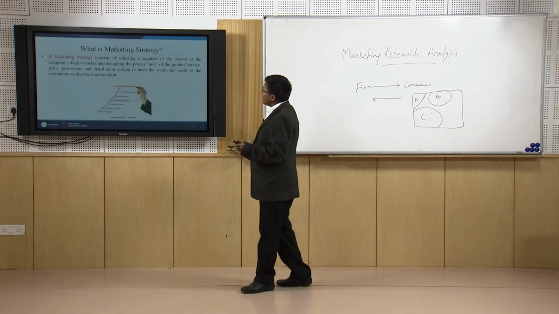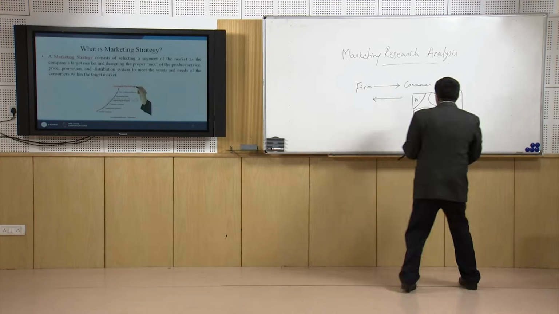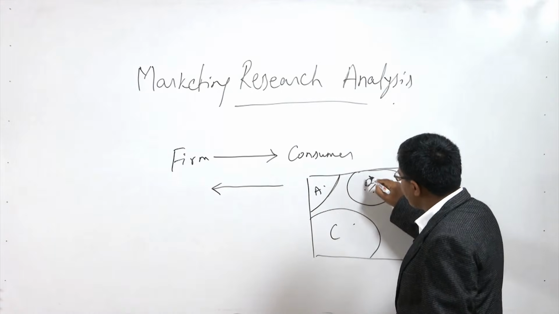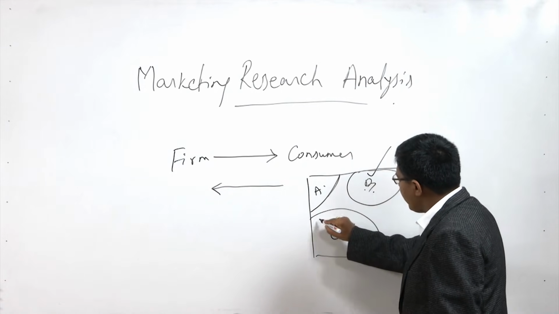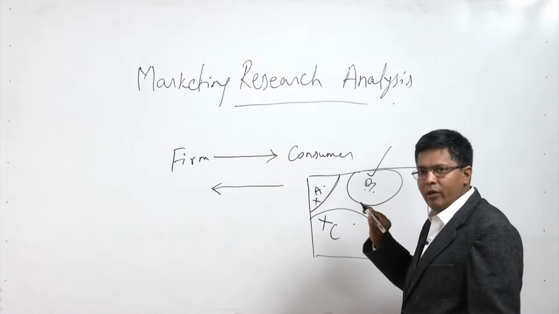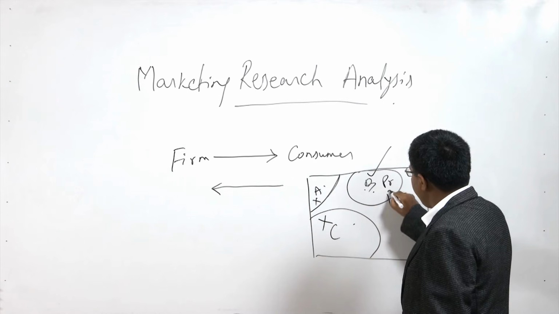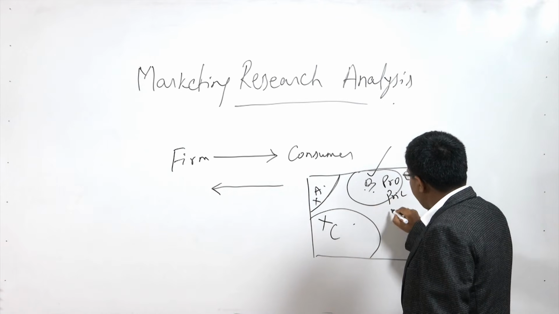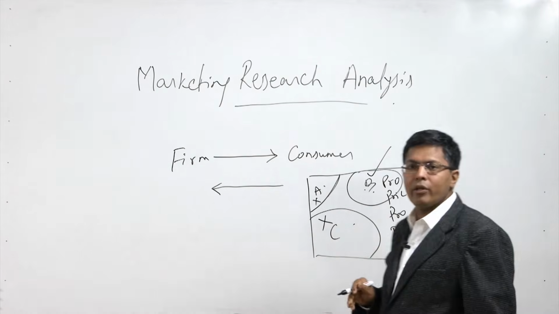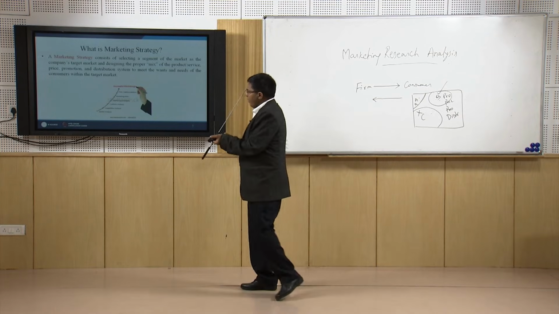Now, if you have segmented the market properly, then you do not have to put in your resources. Suppose this is the market you are going to, then you do not need to put your resources for A and C. So, B is the only market you are doing, and to do that you can design your product, your price, your promotion, your distribution according to the needs of B. So, now look at this.